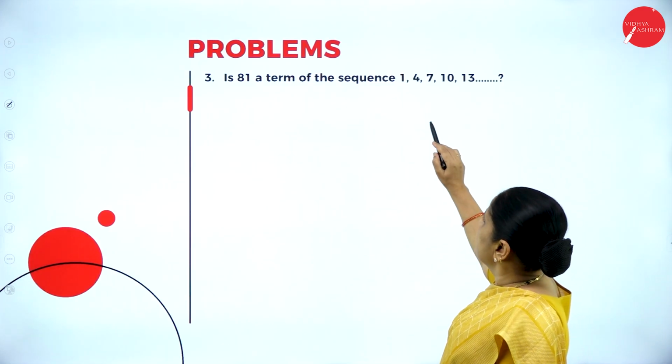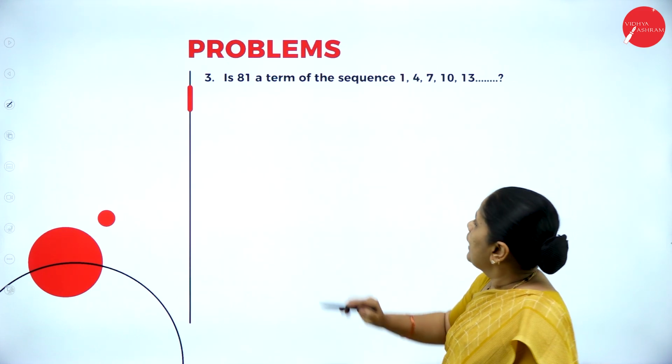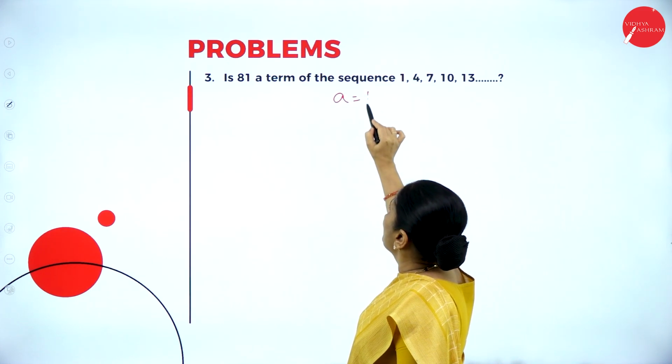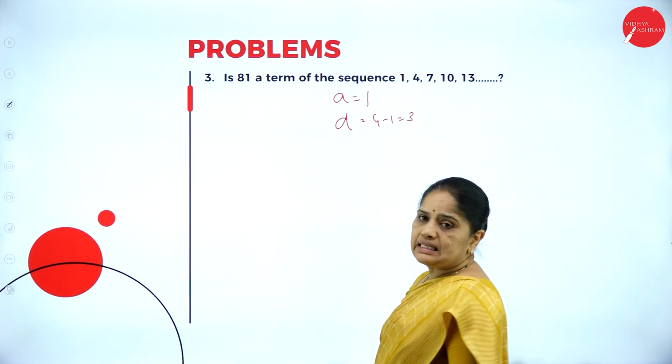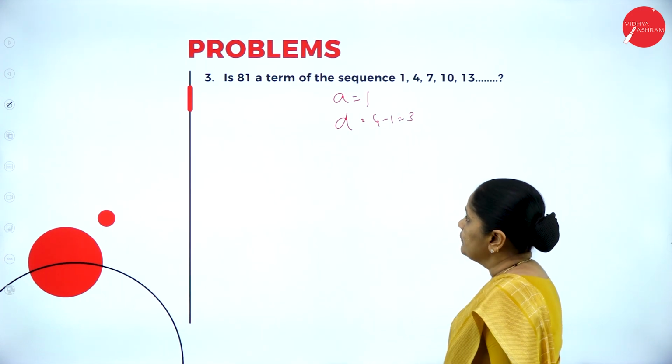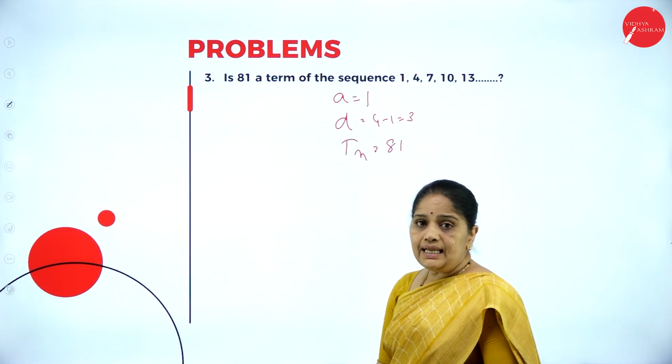Is 81 a term of the sequence 1, 4, 7, 10, 13? Now A equals 1, D equals 4 minus 1, that is 3, and they have given us Tn equals 81.